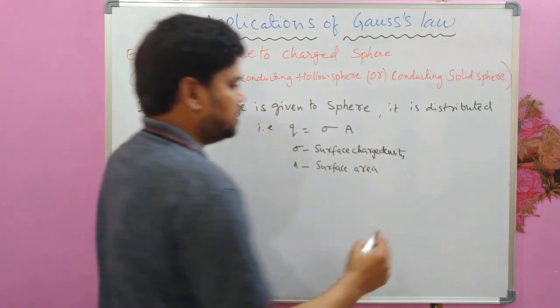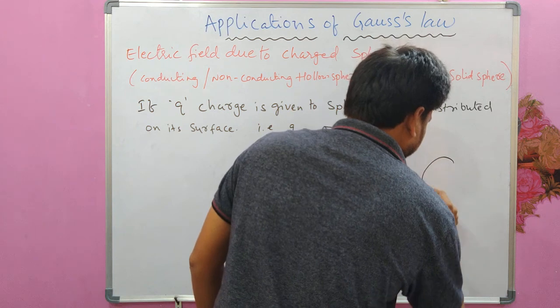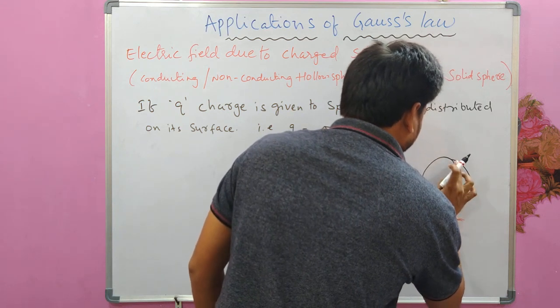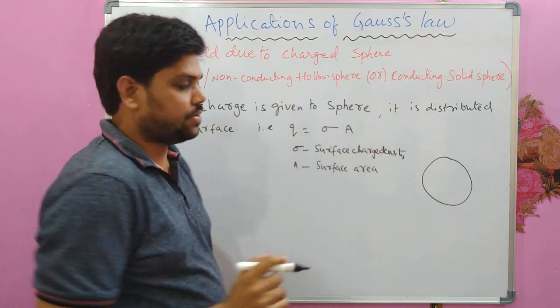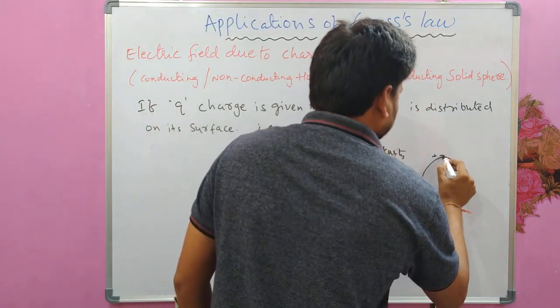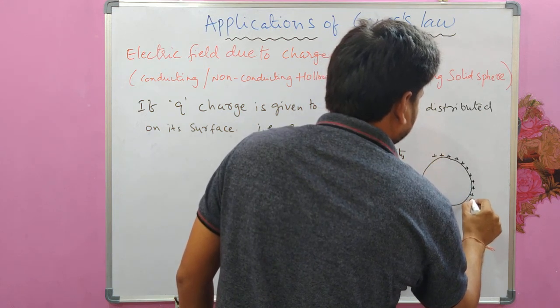How is it distributed? For example, consider a sphere, whether it is a hollow sphere or a conducting solid sphere. The charge is accumulated on the surface like this.